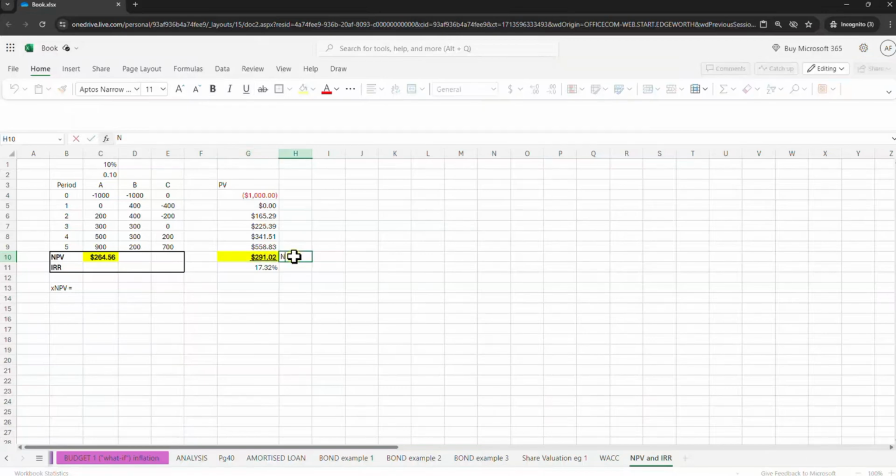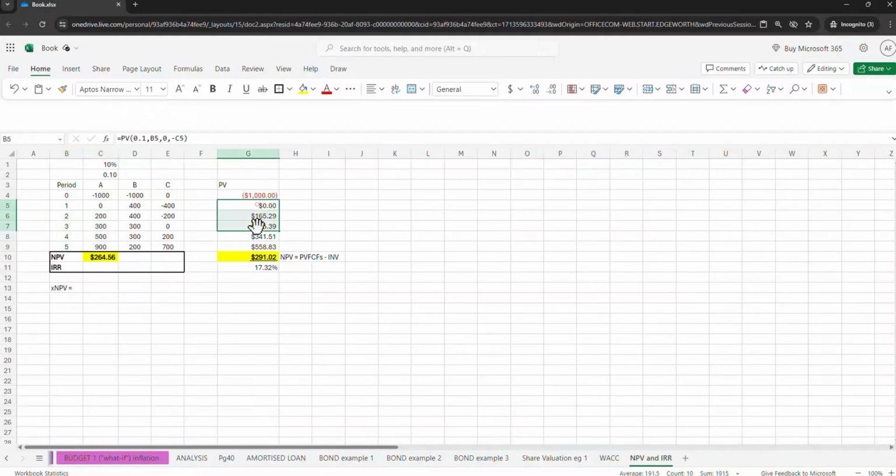Because net present value is the present value of the future cash flows minus the initial investment. Remember that? Okay, so all I've done here is I've taken the initial investment, I've present valued all of those future cash flows back in time, and then I've added them all up. All right, so that's the correct answer.